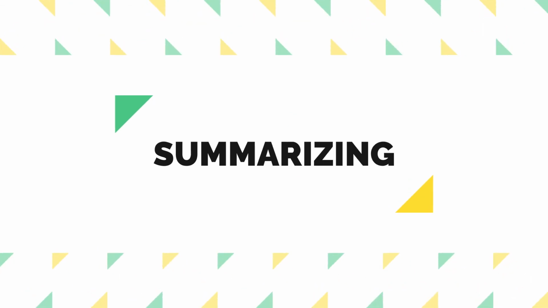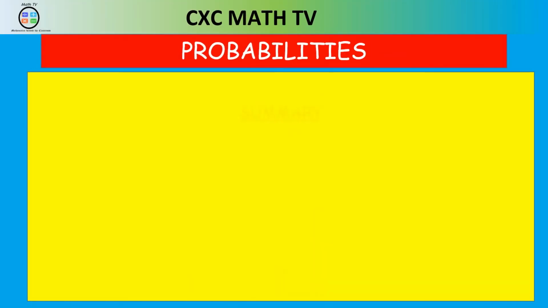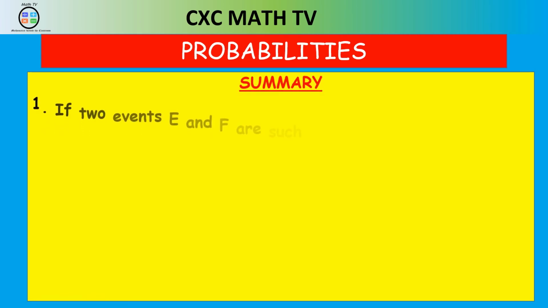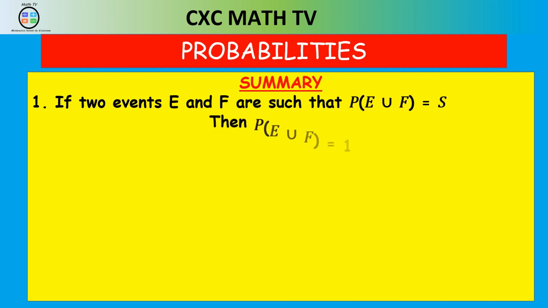So in summary, we just need to remember if two events E and F are such that the probability of E union F is equal to the sample space, then the probability of E union F is 1, and events E and F are said to be exhaustive.